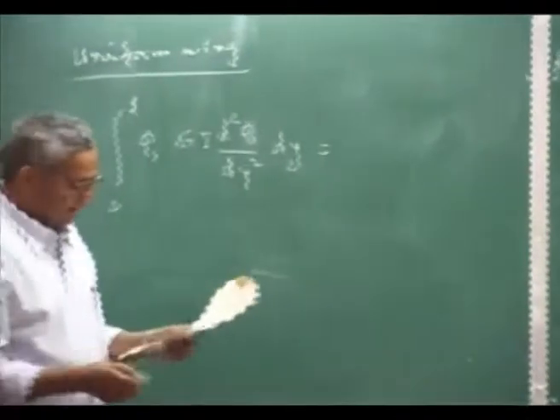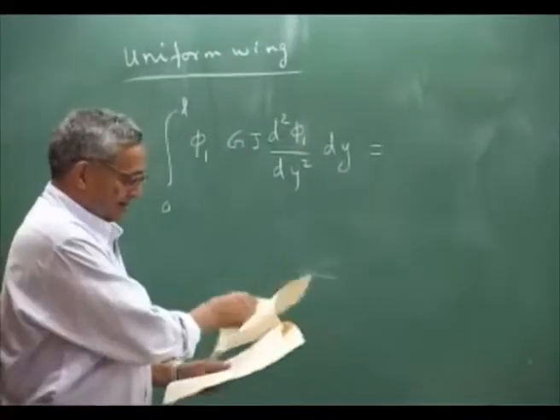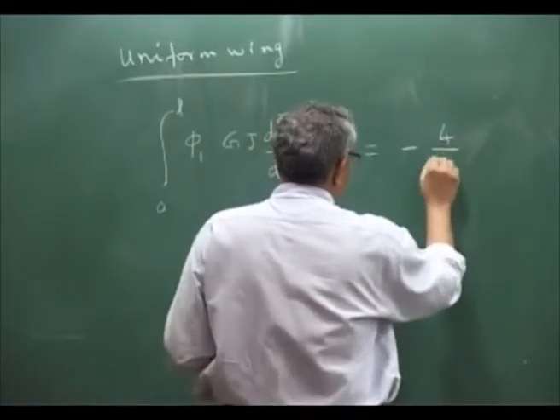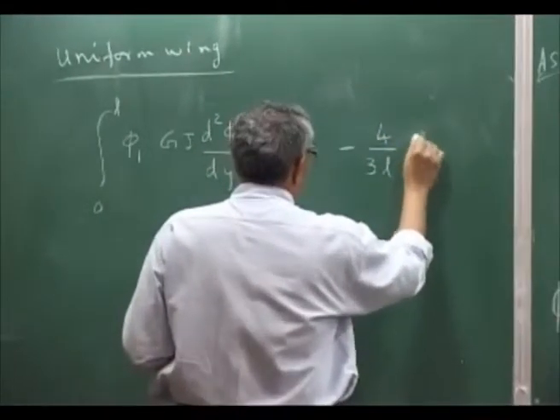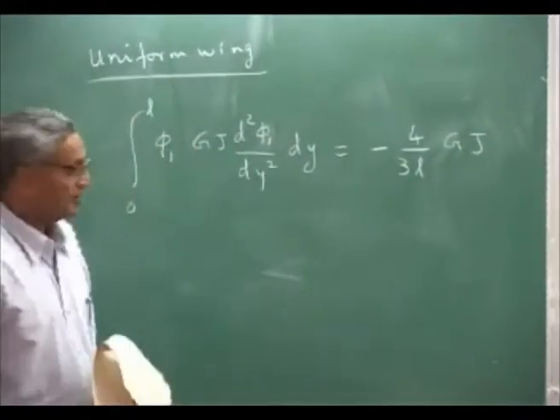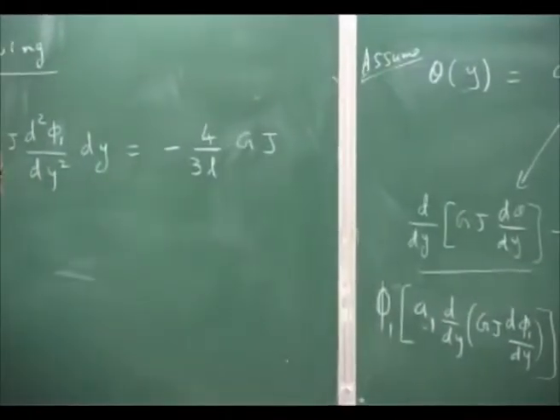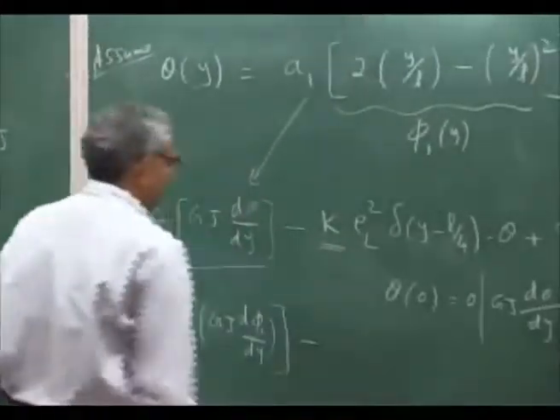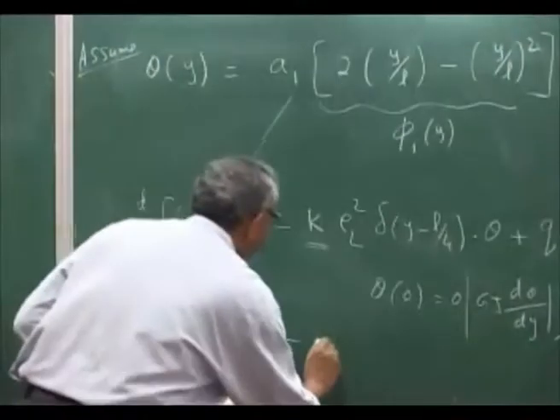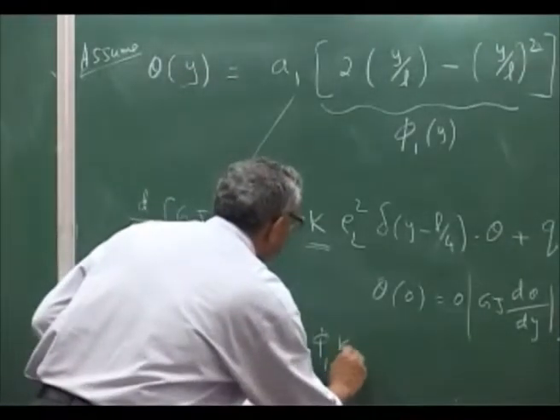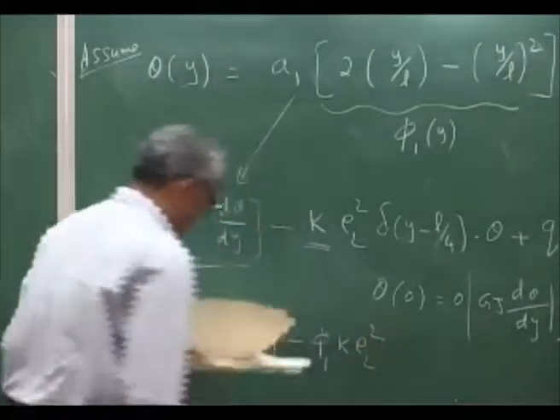Okay? When you evaluate the integral, I will write the answer. This will become minus. If you evaluate this integral, then the second term, what will happen? The second term is you will have minus again phi1 K el square.